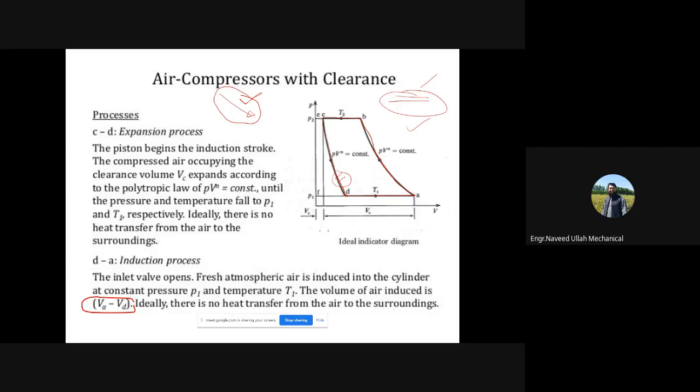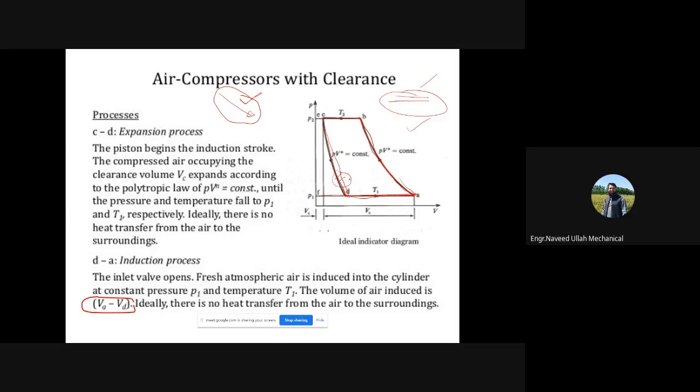This is the same. You look here. Initially it starts induction from here, okay, then this is a compression process. B to C is the delivery process, and C to D is the expansion process, and again this is induction, compression, delivery, and expansion process.